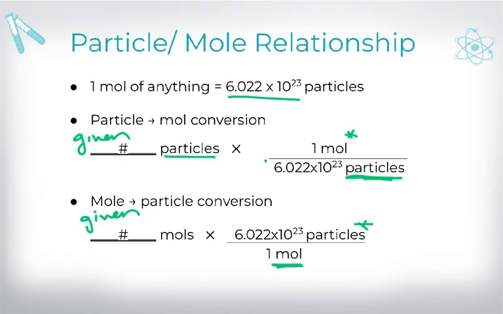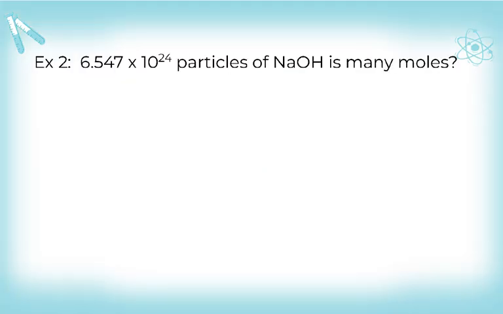So it's the same idea for both, it's just that our conversion factor here is relating moles and particles, whereas before it was moles and grams. All right, so if we have 6.547 times 10 to the 24th particles of NaOH, how many moles is that? With particles, we don't have to find the molar mass, so I'm not going to need to find it here.